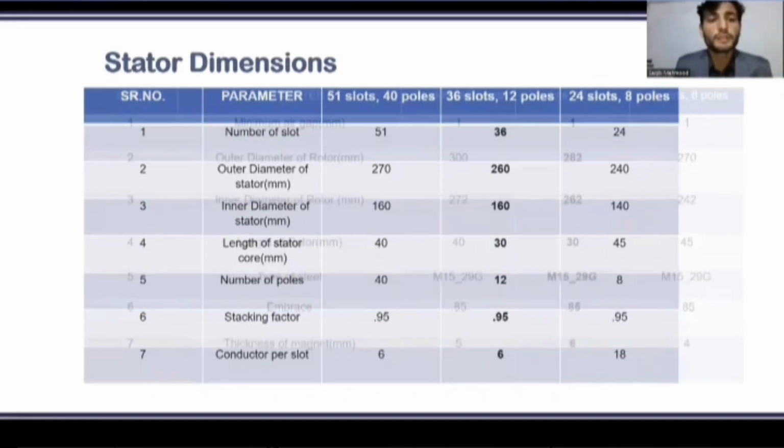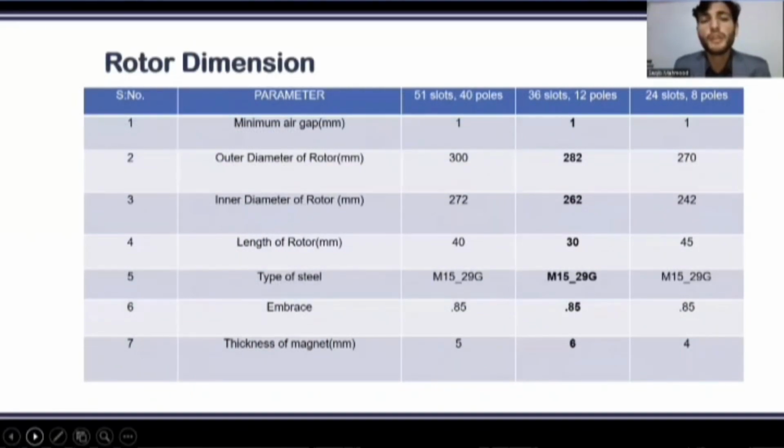Moving toward the stator dimension, we kept the air gap constant for all three models, as well as the type of steel. The length of the rotor and the stator is the same, as we want both parts of the motor, stator and rotor, to be concentric and of equal length.